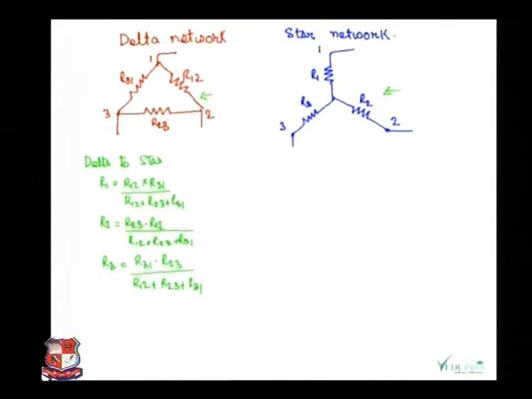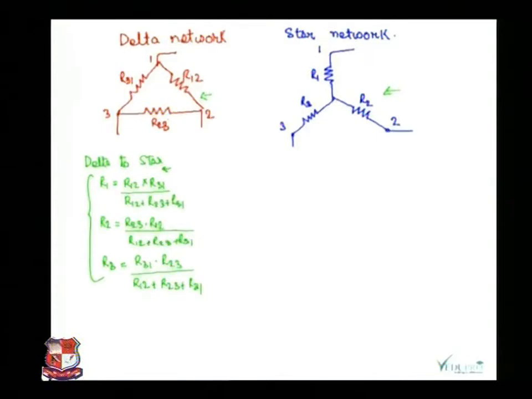So a delta network can be converted into a star network by using these three formulas. The resistances in a delta network can be converted into the star network resistances by using these calculations.